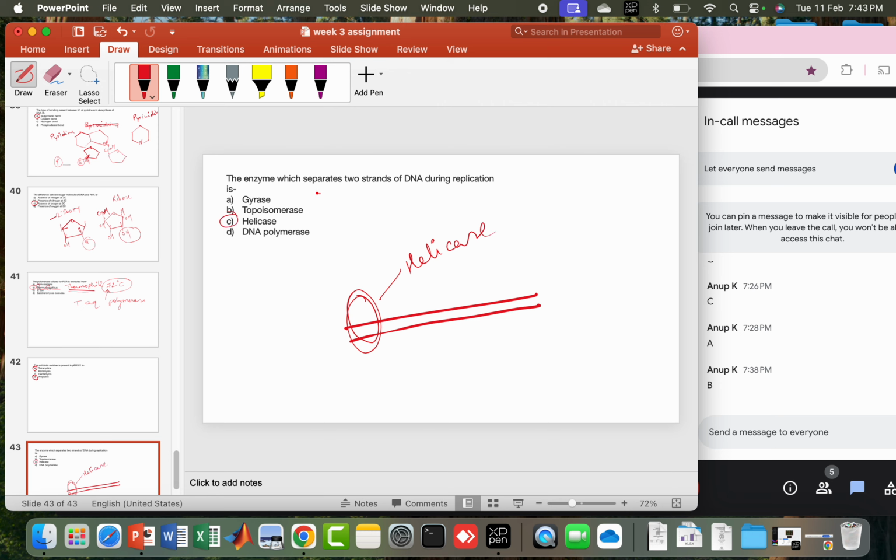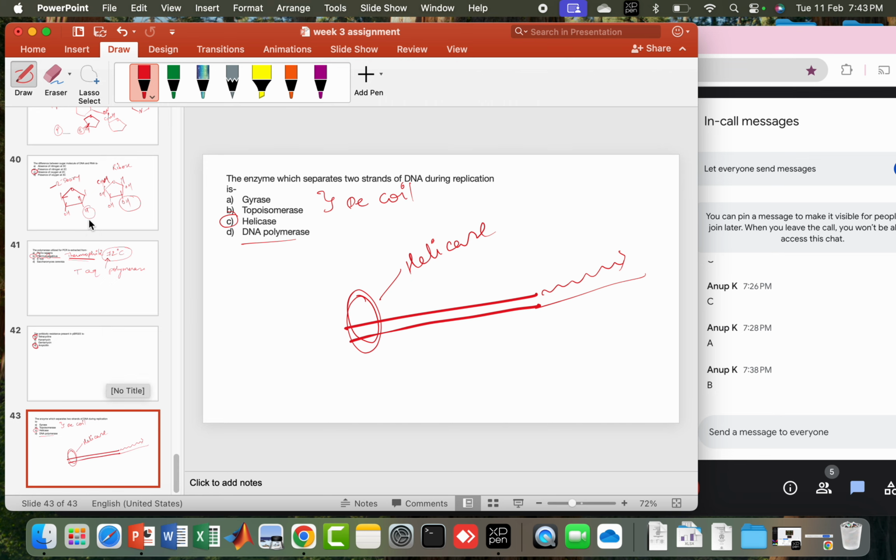Gyrase and topoisomerase are decoiling enzymes, they will release the tension in the DNA. DNA polymerase is a synthesizing enzyme. It will synthesize the DNA with the help of a template. So helicase is the only one which will separate the two strands.